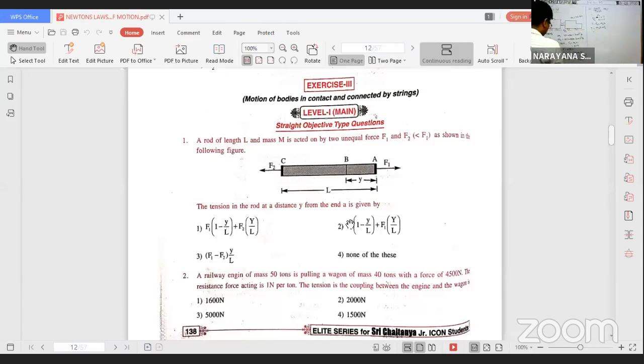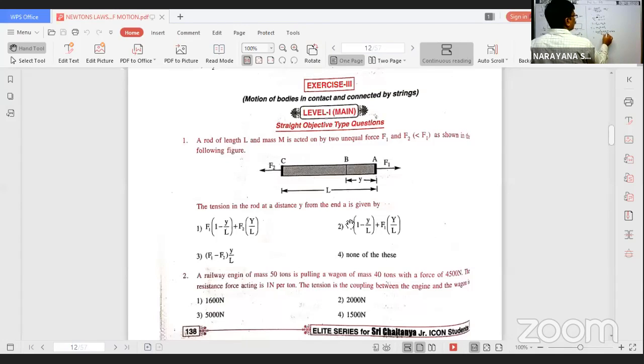So substitute the data. M2 is 44 into 10 power 4, into A, which is 4410 by 9 into 10 power 4, plus F2, which is 40 Newton.